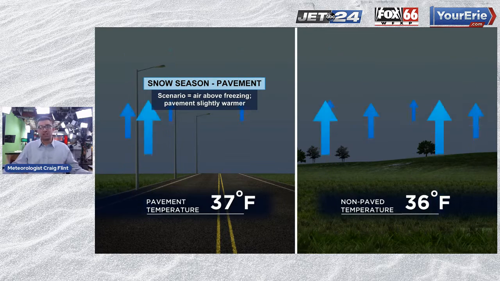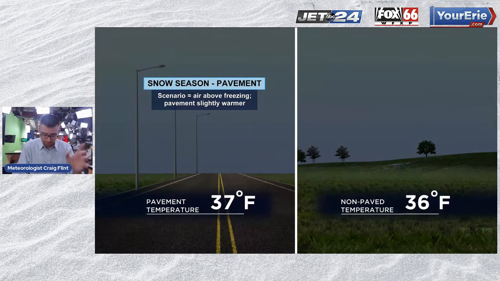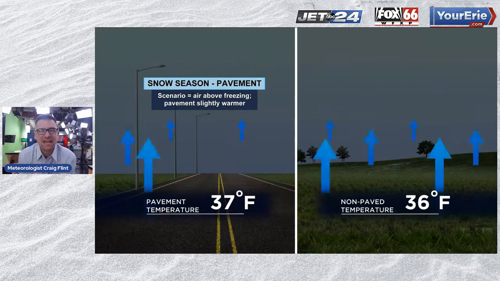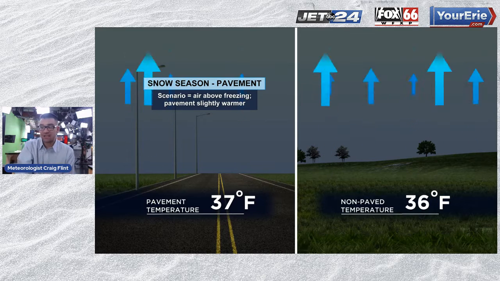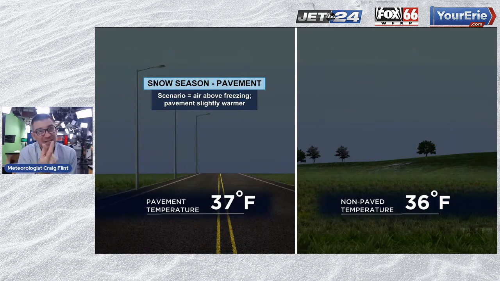So especially early in the season, this time of the year, you'll notice that the grassy surfaces accumulate snow first and not so much the pavement, because that pavement can retain that warmth, we'll use quotes, that warmth much longer than, say, a surface that is not paved, such as a lawn or, like, trees and cars and stuff like that. So above freezing, pavement will stay warmer longer than grassy surfaces. And it's just by a couple degrees, but it doesn't take much.